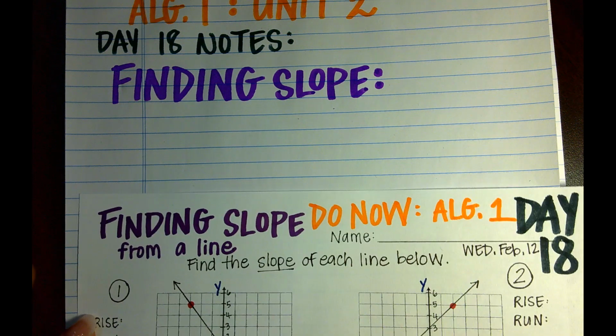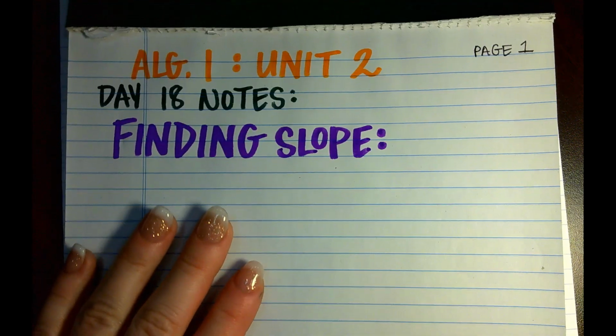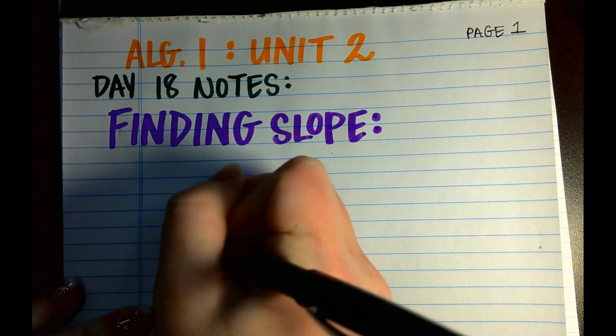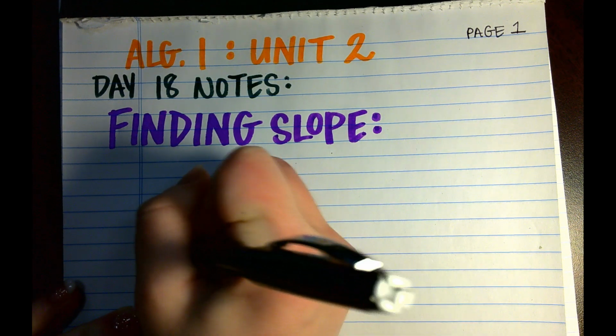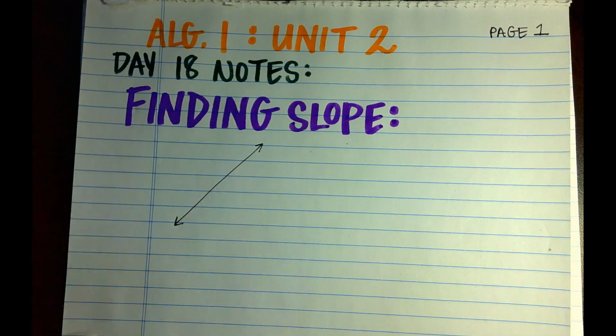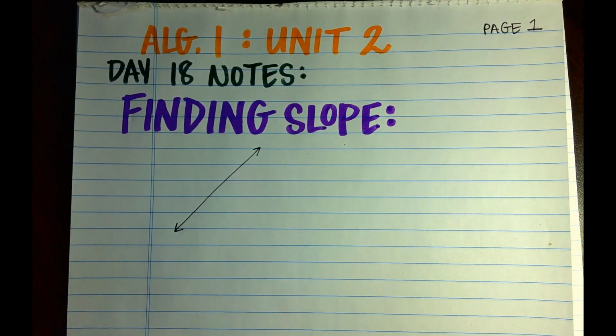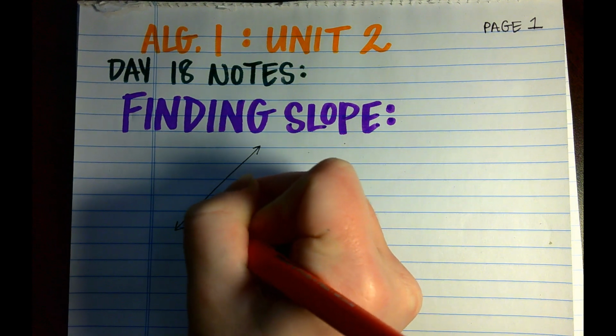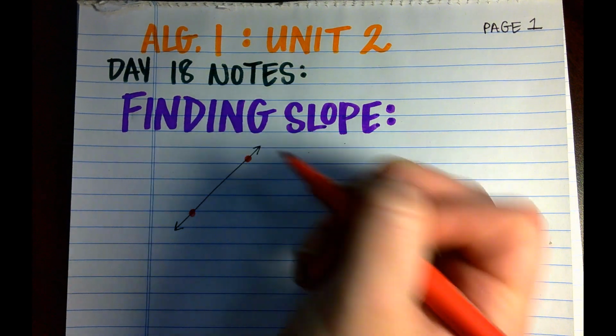So what I'm going to do on my page of notes is draw a little line like this. It doesn't have to be perfect, just a little line. And now I'm going to draw 2 random dots on it like this.